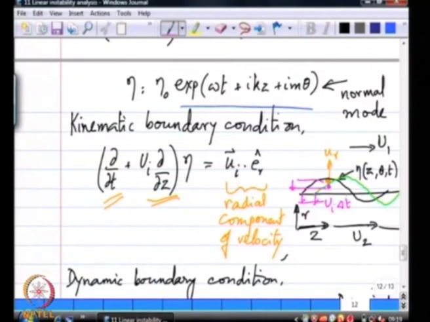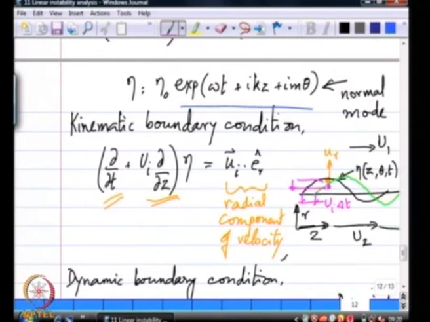I can draw this exact same picture with the orange dot and the pink dot just above the meniscus in the other fluid. When I do that, the material velocity in the axial direction of that point is u1.